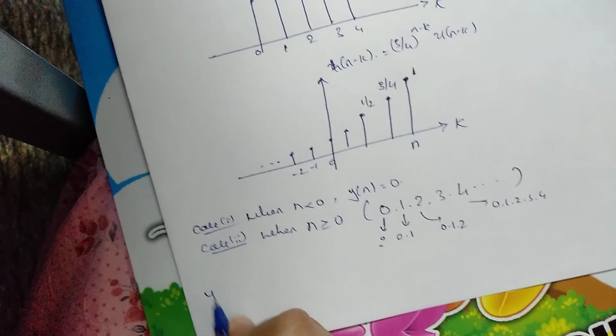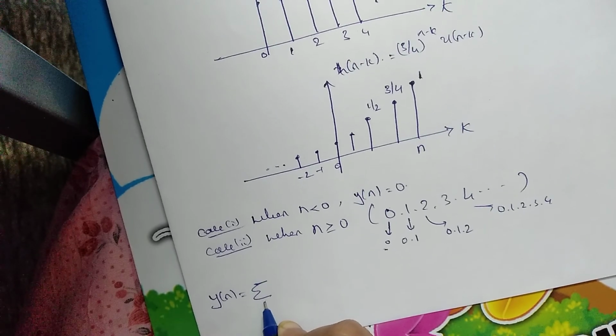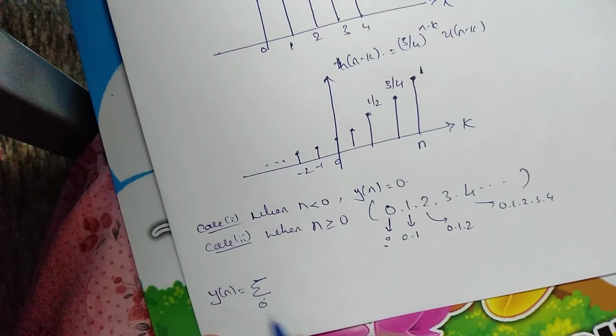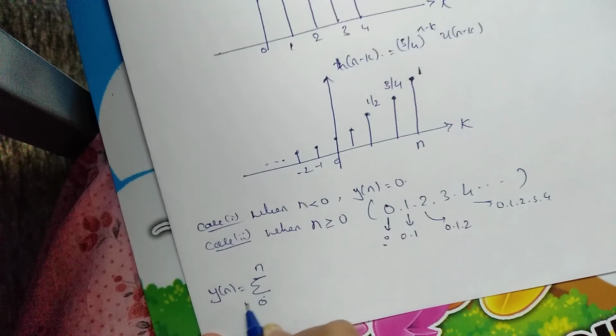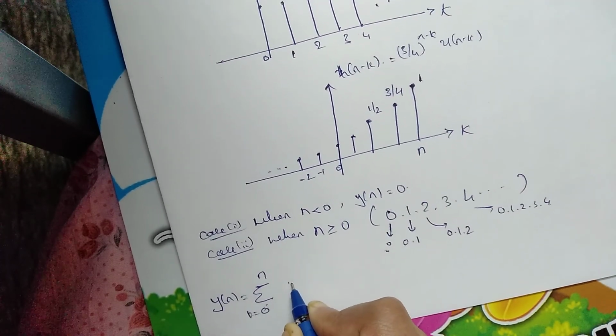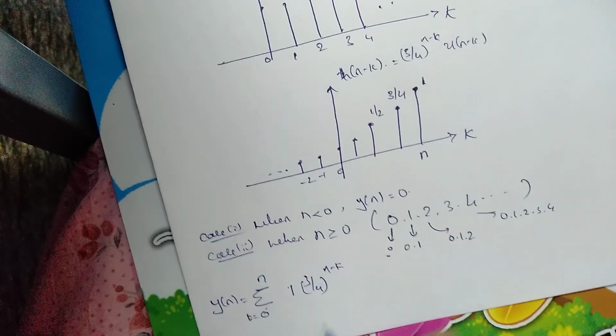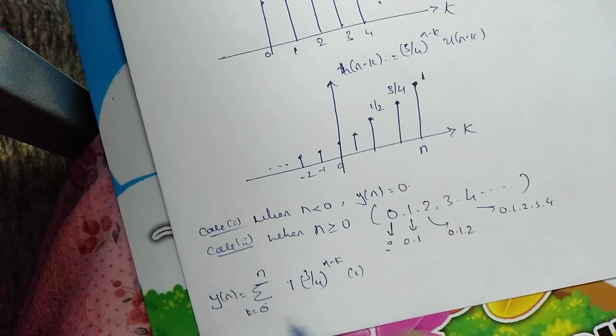So in this equation, we can substitute the summation not between minus infinity to infinity, but between 0 to n, k equal to 0 to n. So u of k is 1, then 3 by 4 to the power of n minus k, and again u of n minus k is 1.